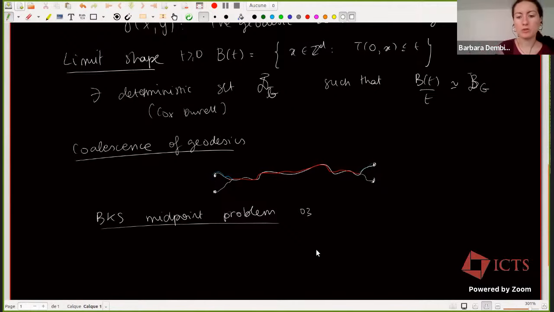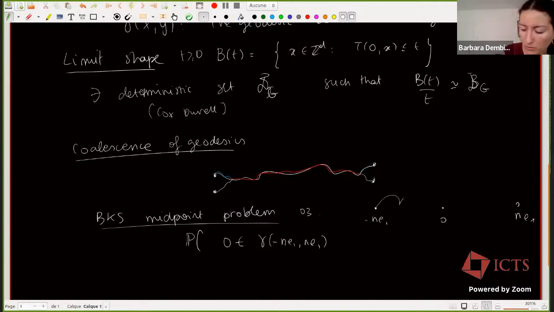And they were not able to prove that if you pick one edge in the bulk, the probability that a geodesic goes through that edge is really small. And so they raised the following question: you have 0 here, between minus n e1 and n e1, and you wonder what's the probability that the geodesic goes through 0.